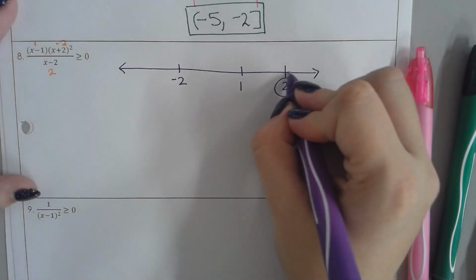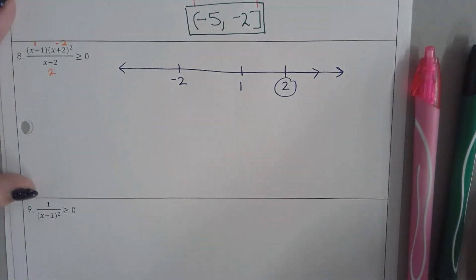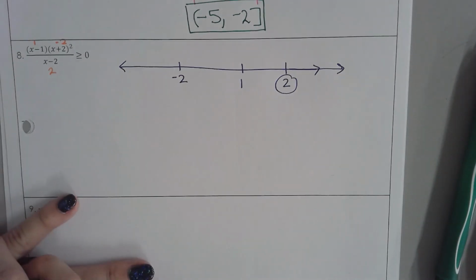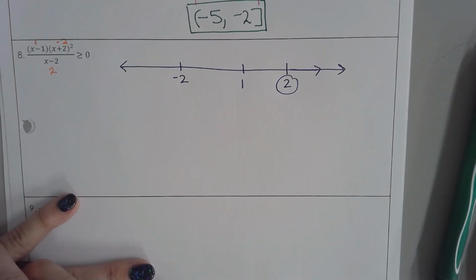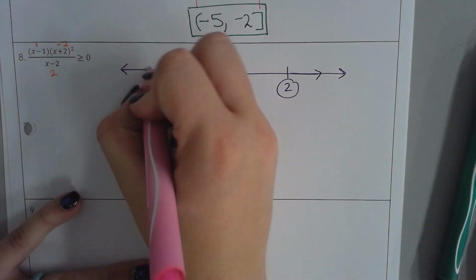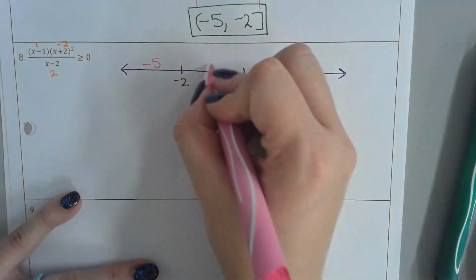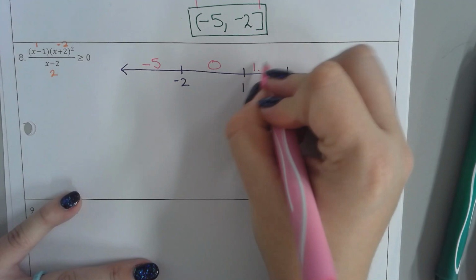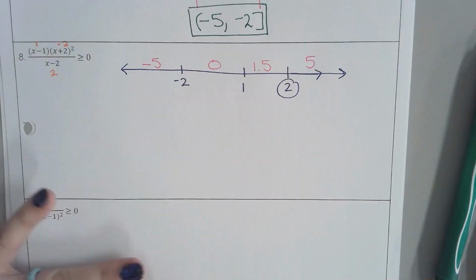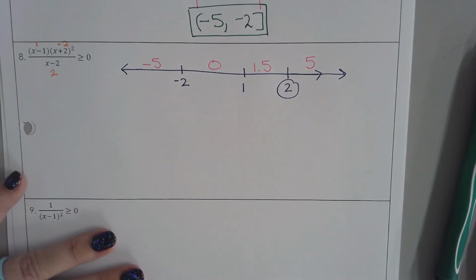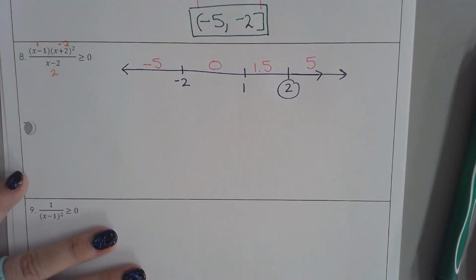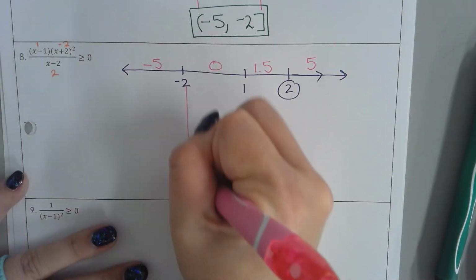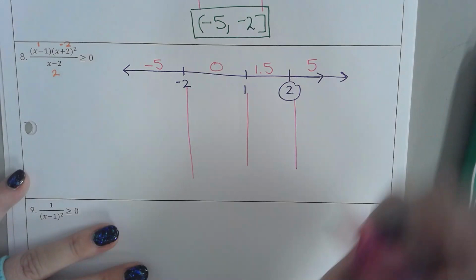I'm really bad at spacing these. So I might use a -5, a 0, 1.5, and 5.